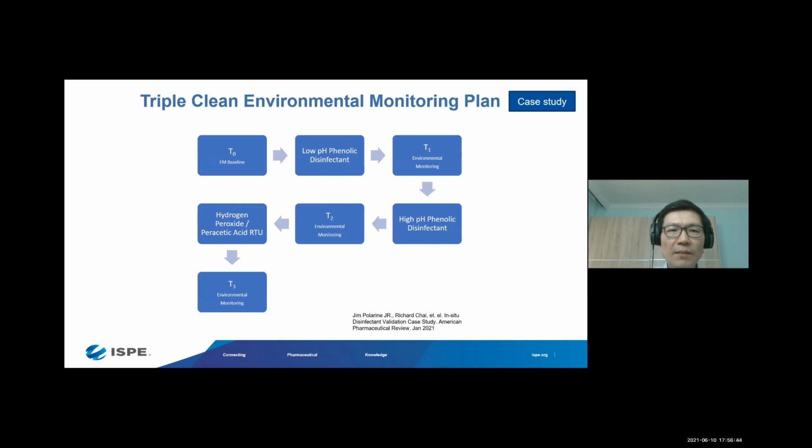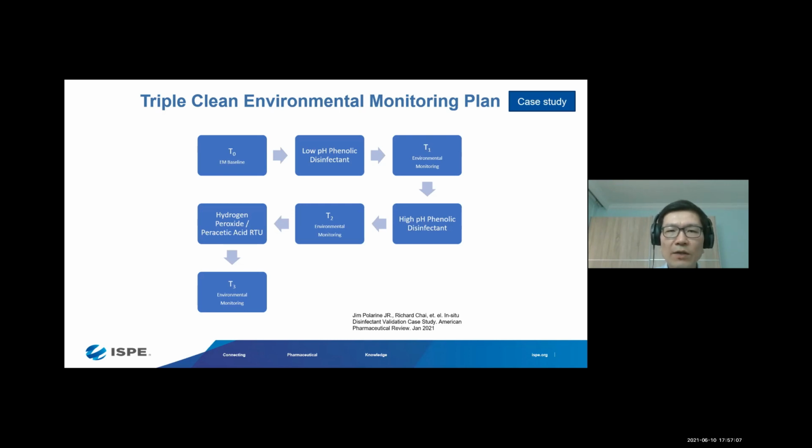So this is a triple clean environmental monitoring plan. As I mentioned before, T0 is the EM baseline, so you want to have a baseline bioburden level. After that, apply a low pH phenolic disinfectant on all the surfaces and also the fixtures in the clean rooms.